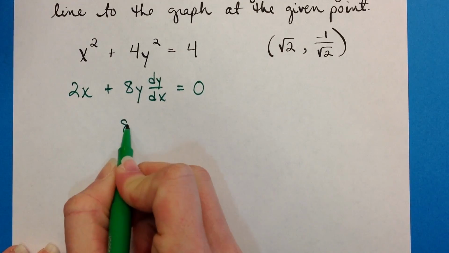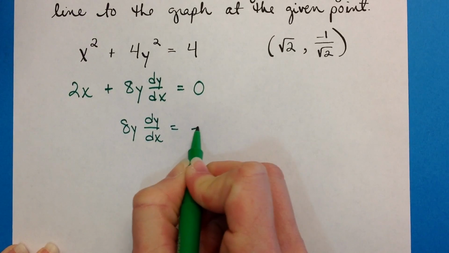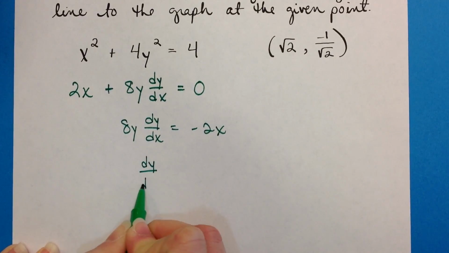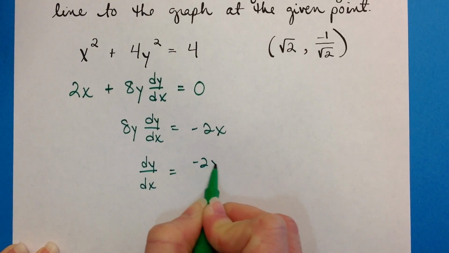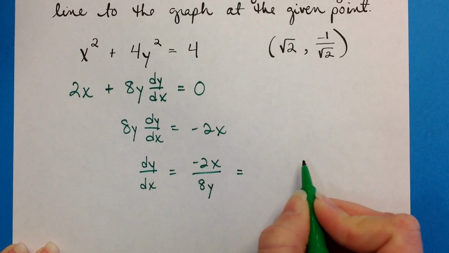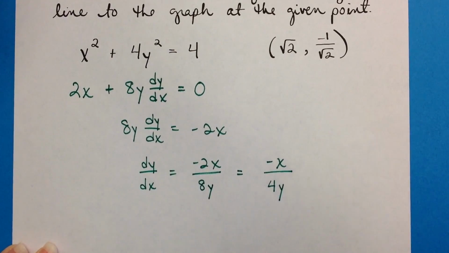So I would have 8y dy/dx is equal to negative 2x. Then I'll have to divide by 8y. Okay, so this will then reduce to be negative x divided by 4y.